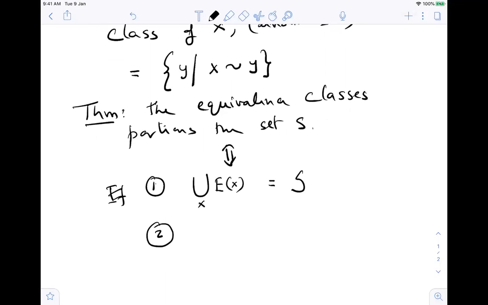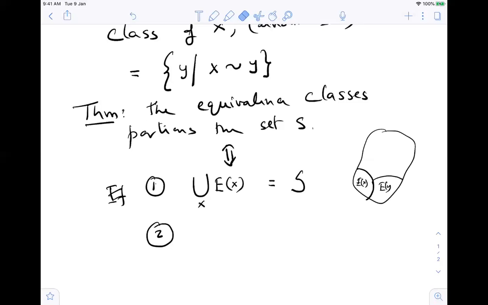Partitions means that if this is the set S, and this is the equivalence class of x, then the equivalence class of y can be completely disjoint from it, but it cannot be something that intersects both of them.